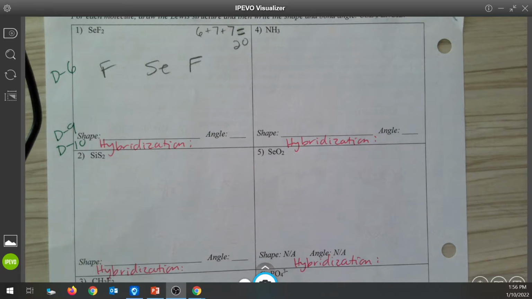Did you take those off? This one now has 2, 4, 6, 8, 10, 12. All of these are being shared. Not so much. Which one? Oh, okay.